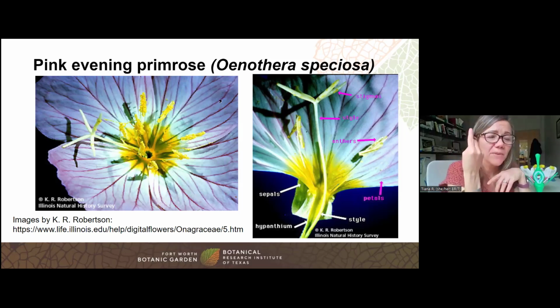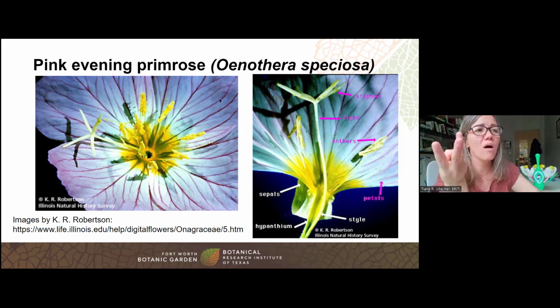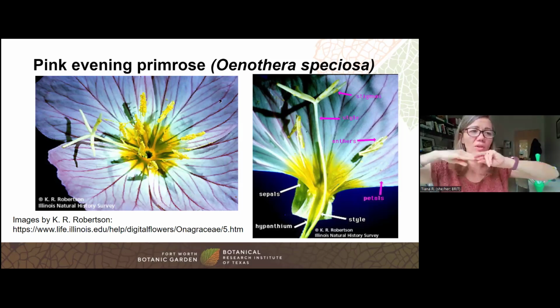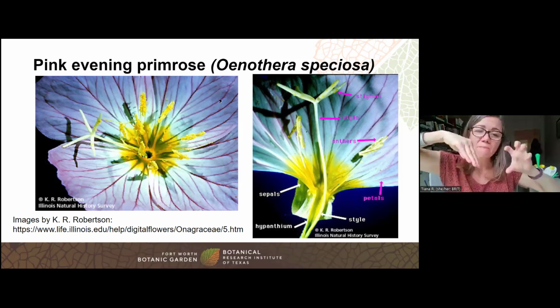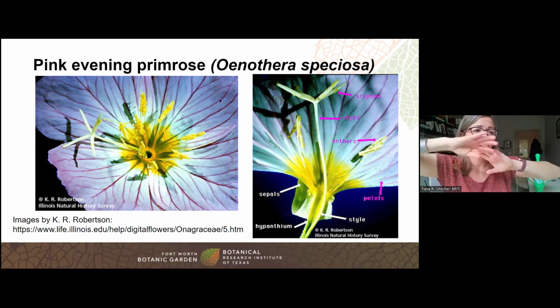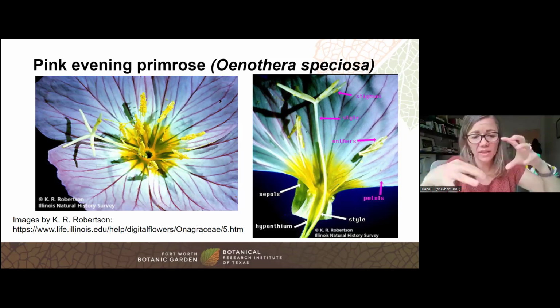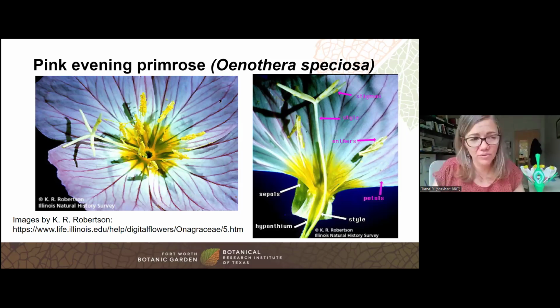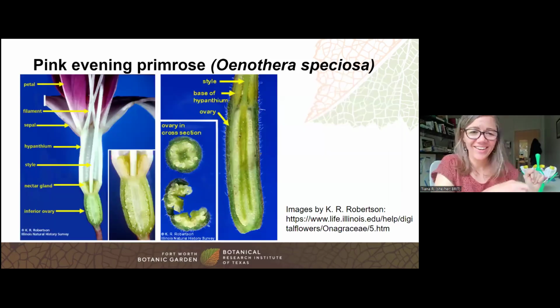So that is the sticky surface to which pollen will adhere, right? So the whole point is to get pollen from an anther to a stigma, so that that pollen can pollinate those ovules and make seeds and produce fruit. And then you've got the next generation. Okay, still with me? Okay.